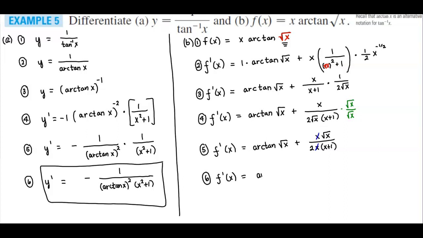And therefore, we have the arctangent of the square root of x plus the square root of x over 2 times x plus 1.